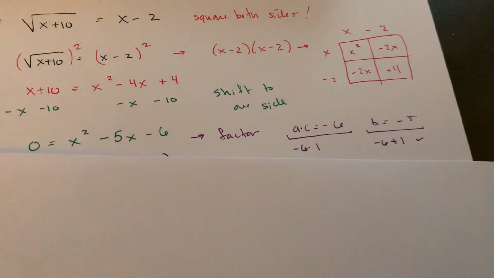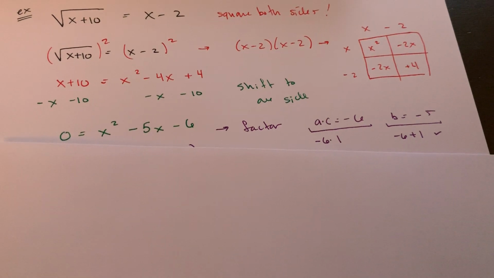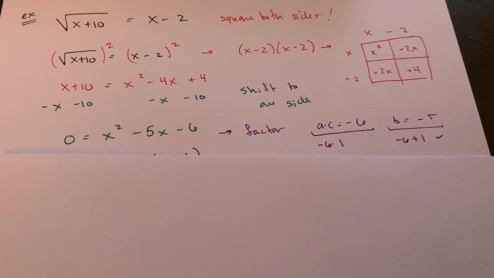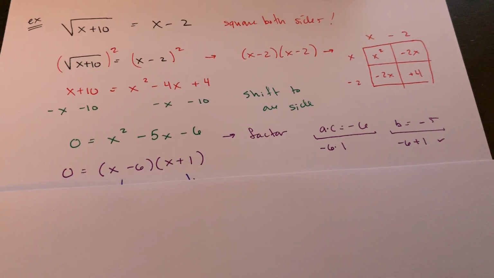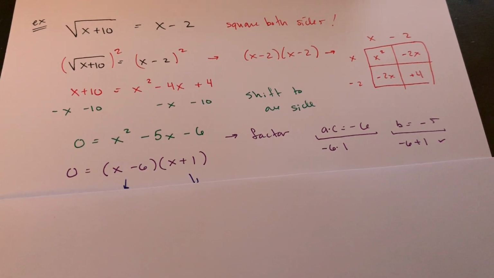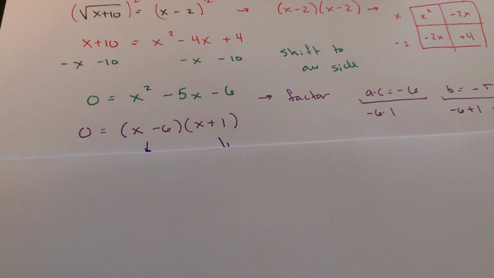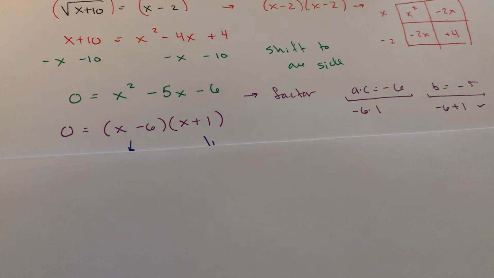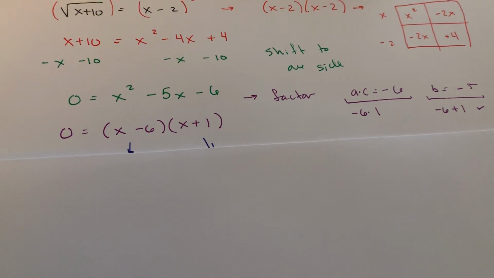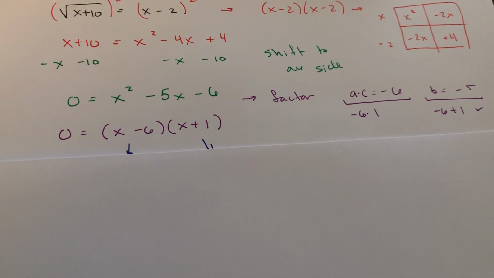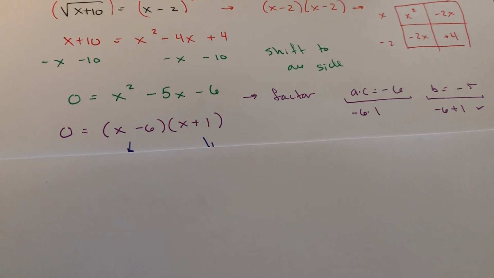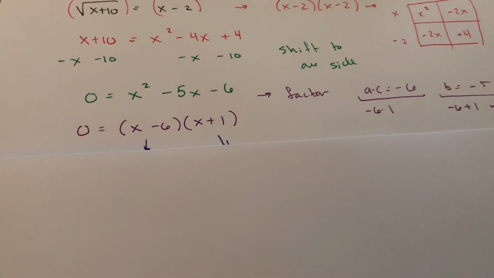Because the a value is 1, just a single x squared with no numbers in front, I can essentially jump straight to the factored version directly using those two numbers. So minus 6 and positive 1, so the factor becomes x minus 6 and x plus 1. The whole thing is equal to 0.